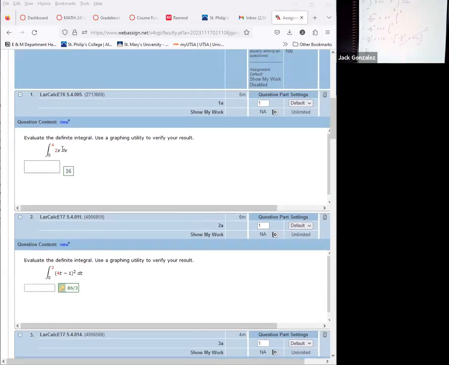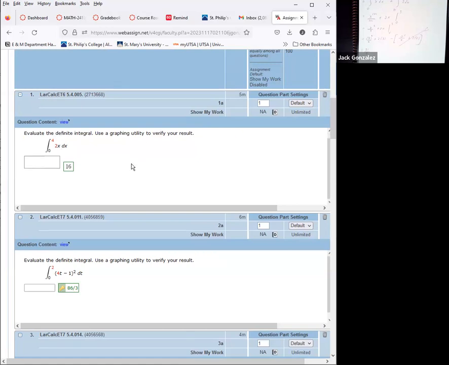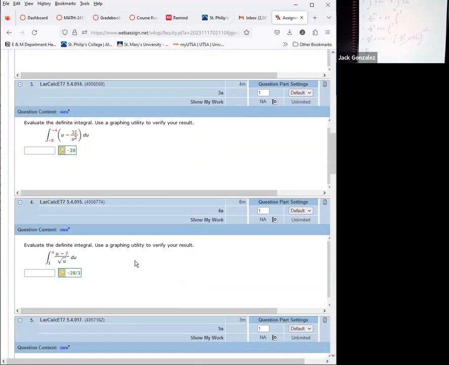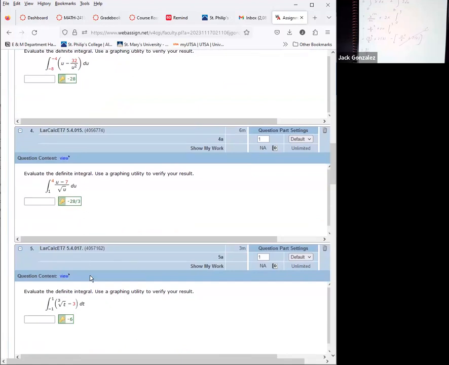So this first one, you do the antiderivative, which is going to be x squared. And then you plug in 4 minus 0. Number 2 is like the first one we did. You just got to multiply it out and then integrate each term. So they're all going to be the same.